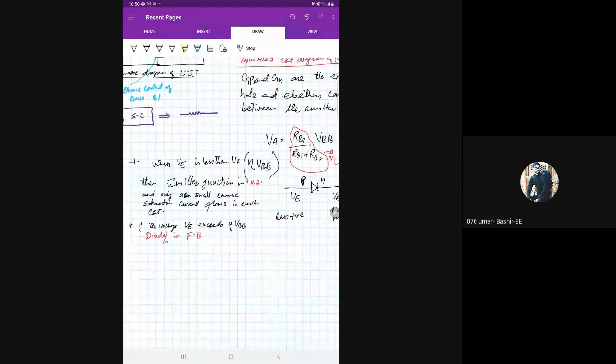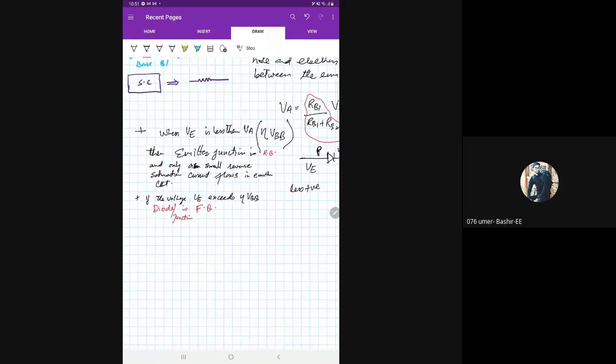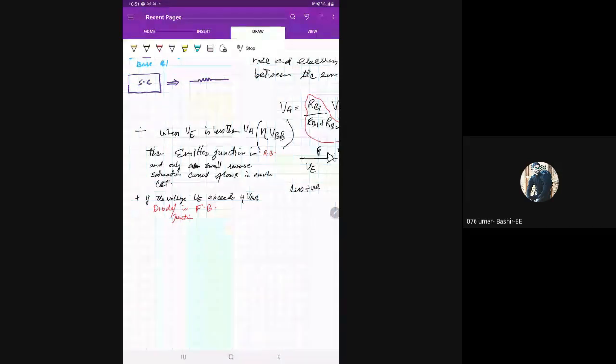The junction is forward biased. So if voltage VE exceeds eta times VBB by an amount, how much should it exceed?